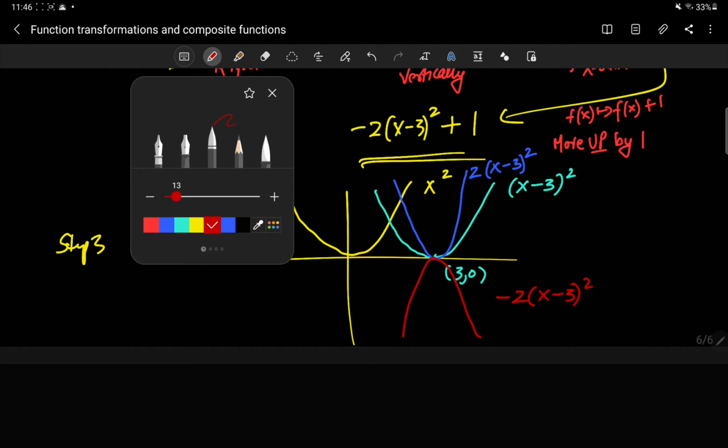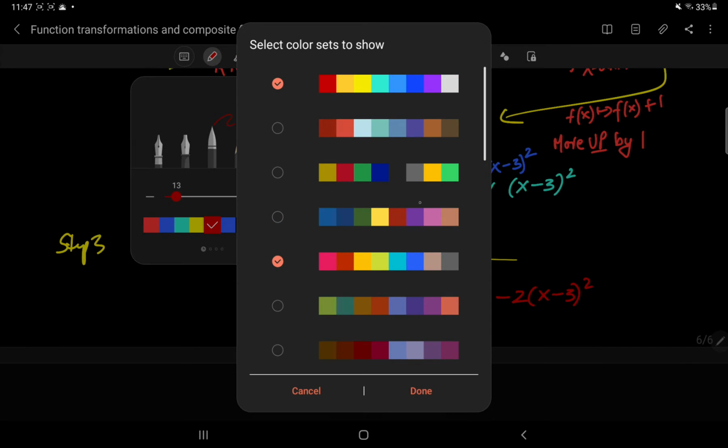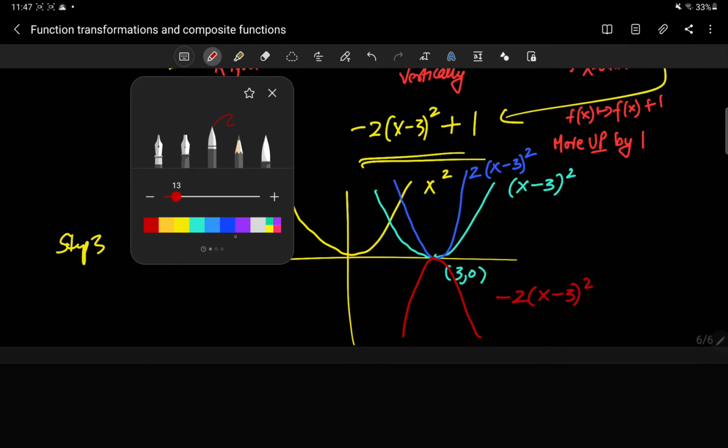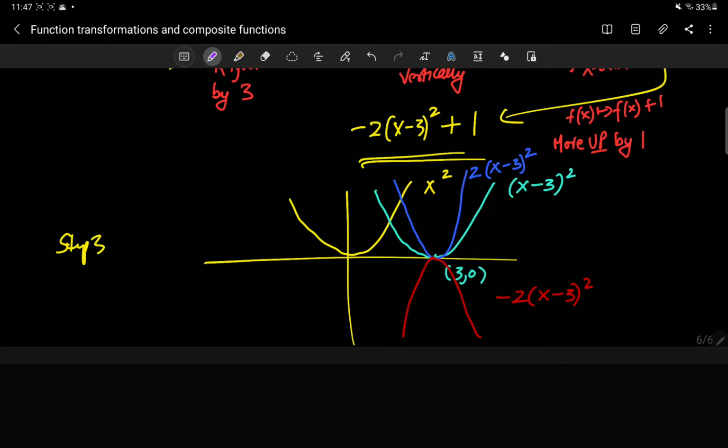And lastly, we add 1. I'm out of colors. Let's use purple. Moving that up by 1 changes the point 3 comma 0 to 3 comma 1, and the curve is parallel to the red one.